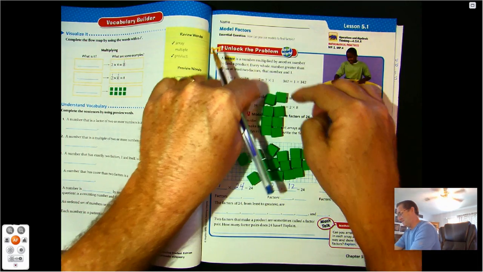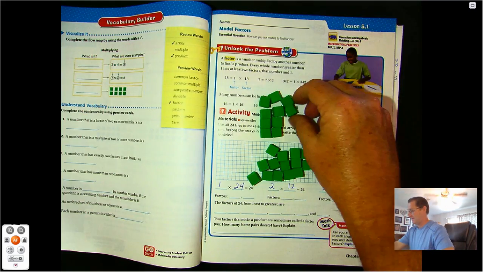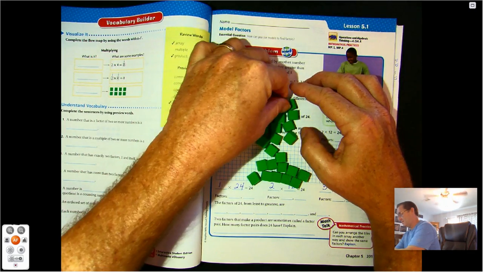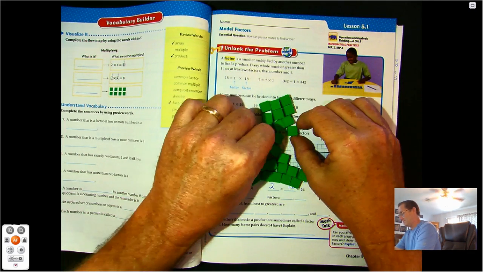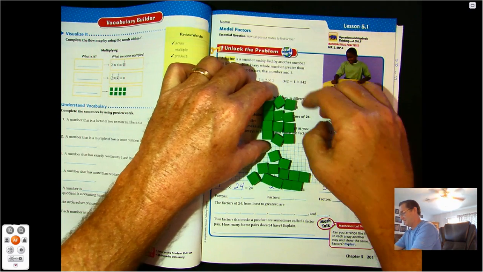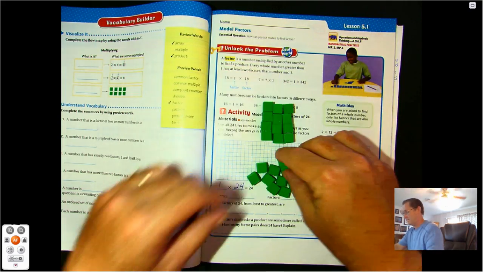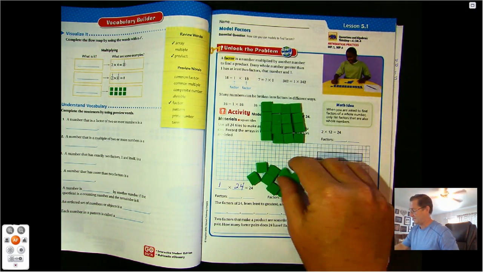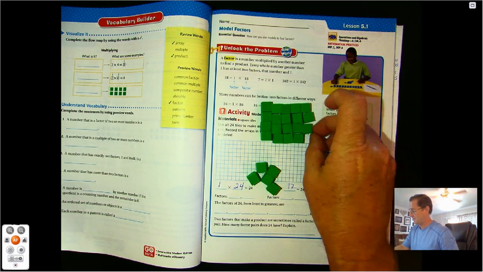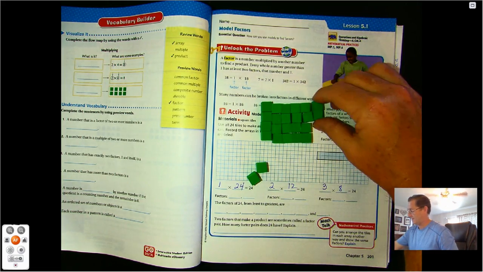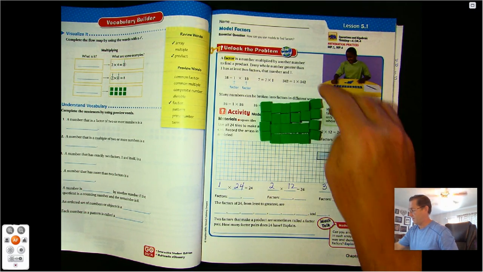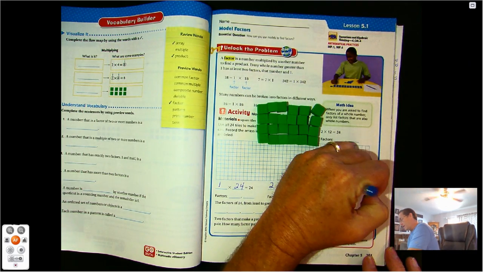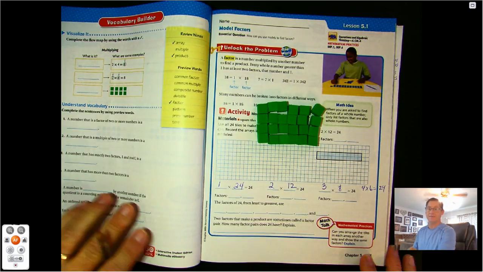All right, so 4, 8, 12, 16, 20, 24. So I used all of them equally, and I have 4 rows of 6. So I could actually have another one that's 4 times 6, 24.